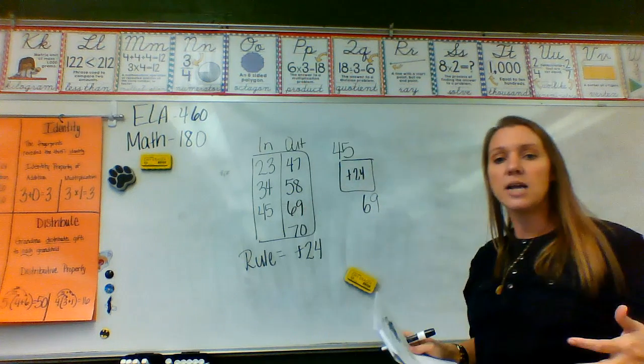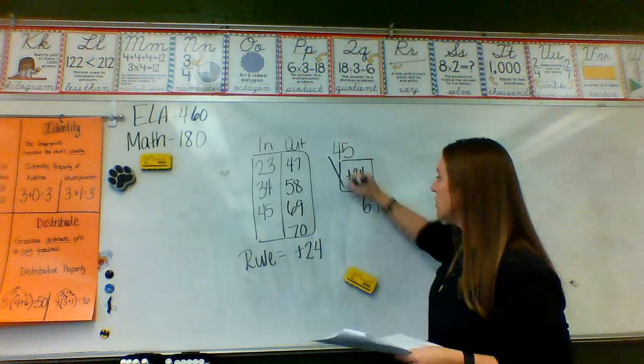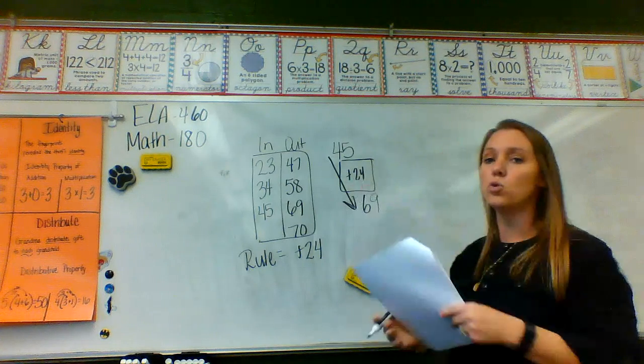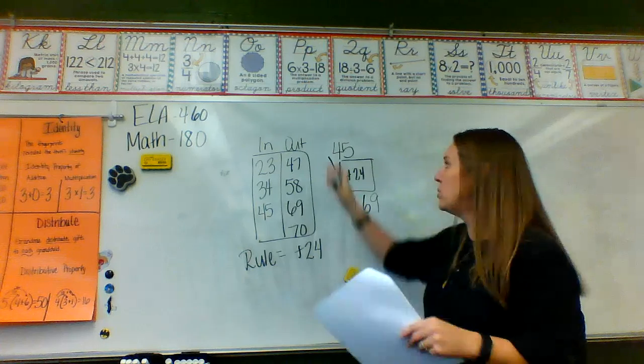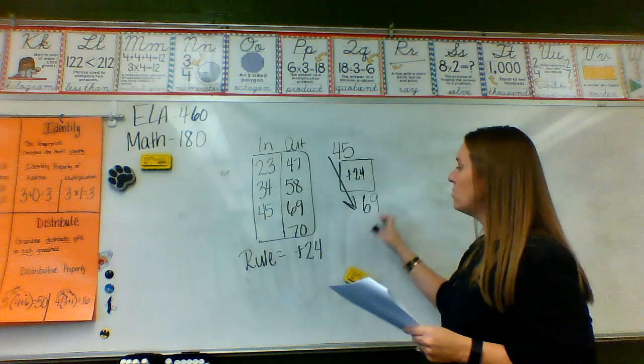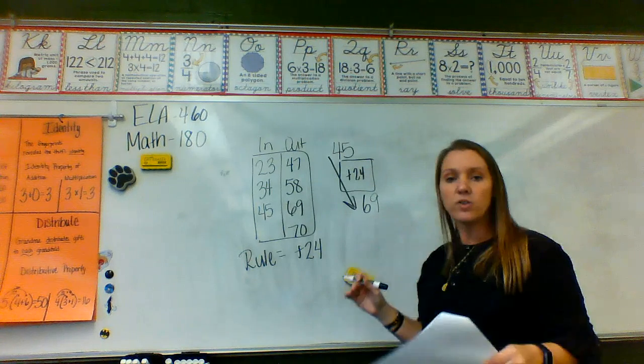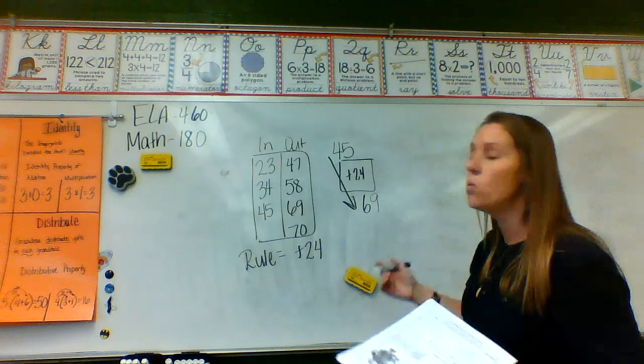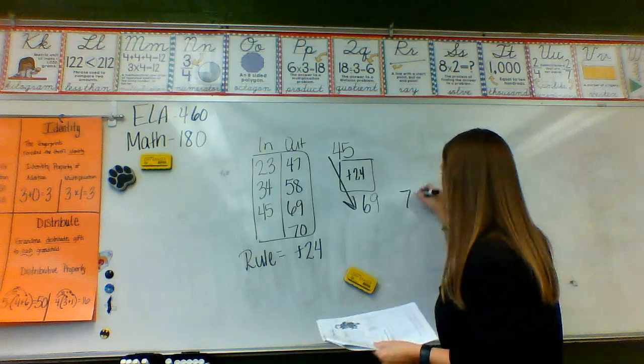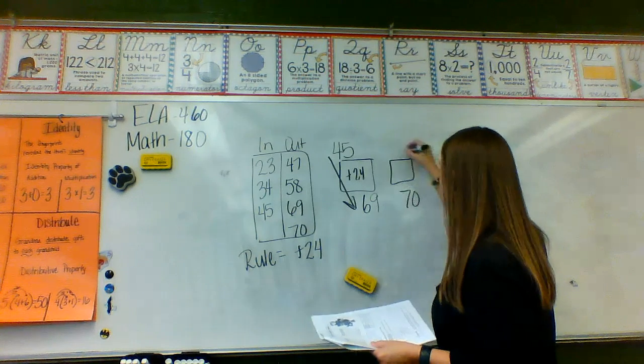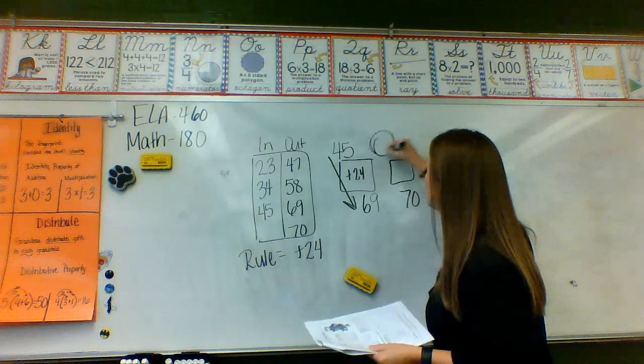Now, just as on the other pages, when we're working from top to bottom, we follow the rule exactly. When we put something in, we add this and we get this out. However, on this last one, we already know what we got out. We're getting 70 out of the situation, and I want to know what goes here.